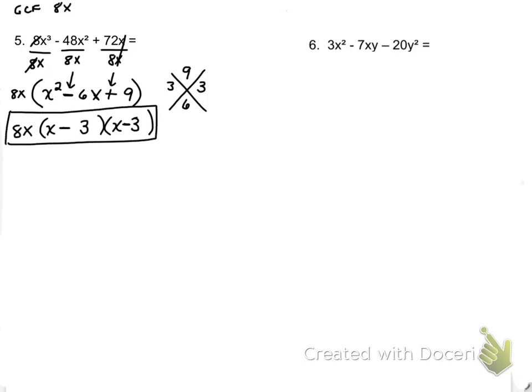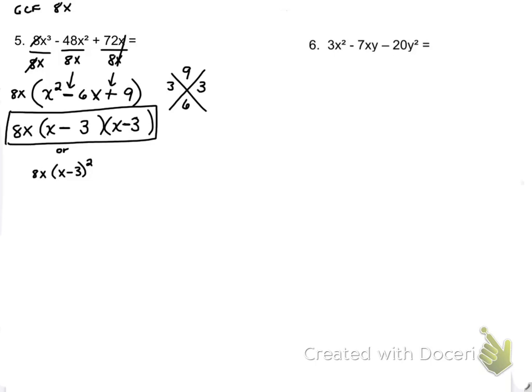If I multiply that all out, I get back to my original equation. Now, this can also be written 8x times x minus 3 squared, because that x minus 3 occurs twice, and so that factor is squared.